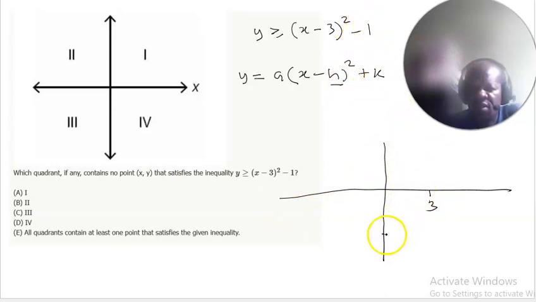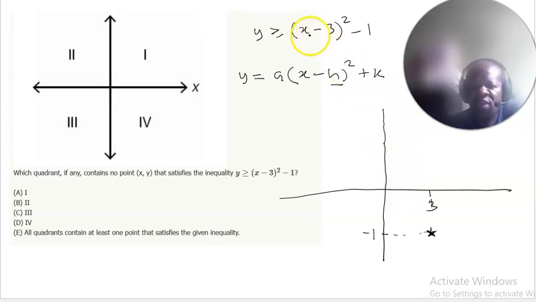Let's say this is minus 1. So this is the minimum point of the parabola described by this inequality. Now, we want to find the point where the parabola crosses the x-axis.